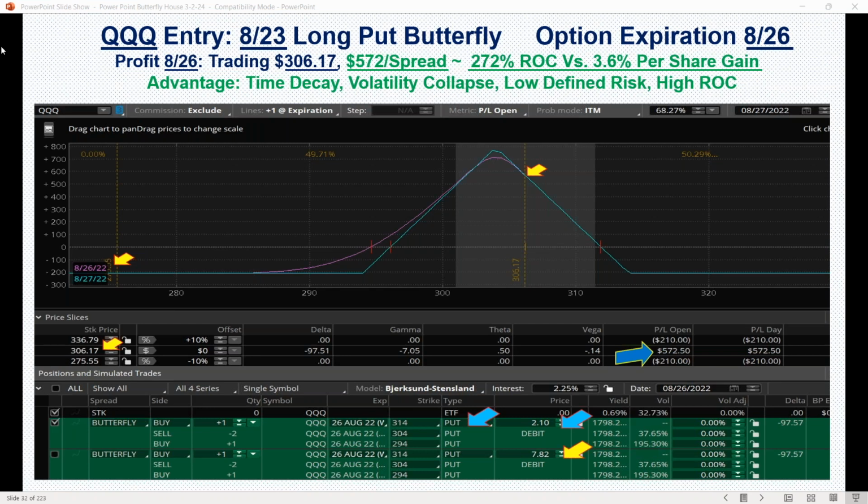So a huge advantage, taking advantage of the time decay and the volatility crush, with low defined risk and high return on capital. That little black speck in there is what's still left of potential profit, but it's still not a bad profit. Going out at 306 right here. So that's an example of a wide wing butterfly.